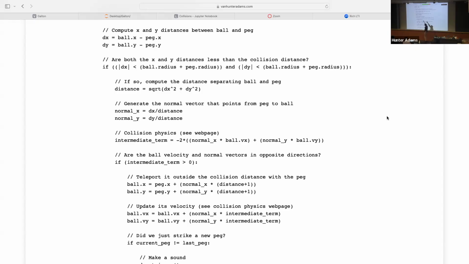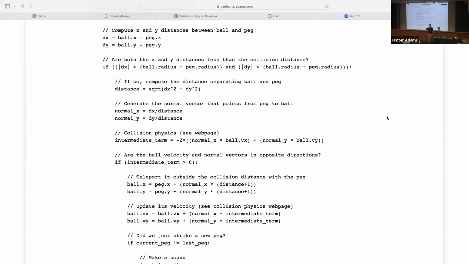And then we ask, is the difference in x position less than the sum of the radii of the ball and the peg? That is to say, am I close enough in the x direction? And same question for the y direction. And only in the event that I detect that my x and y differences in position put me in a location where I may be in collision, do I then subsequently actually compute the distance, the root sum of squares?